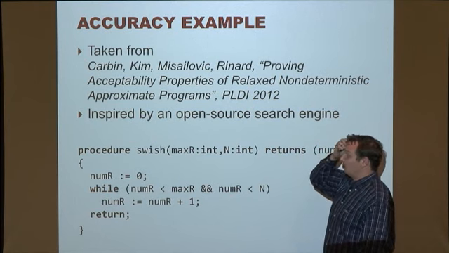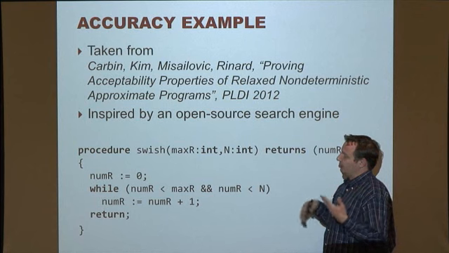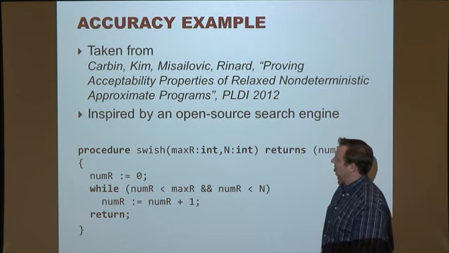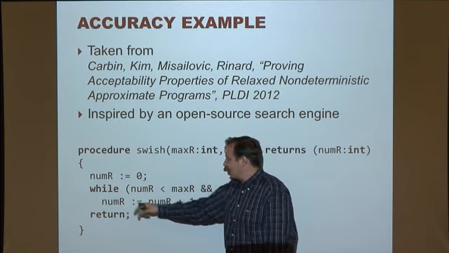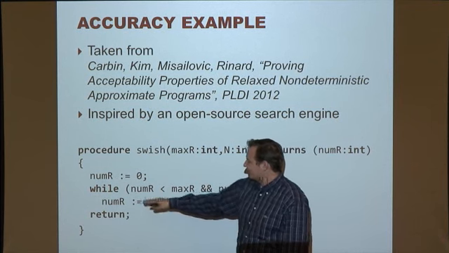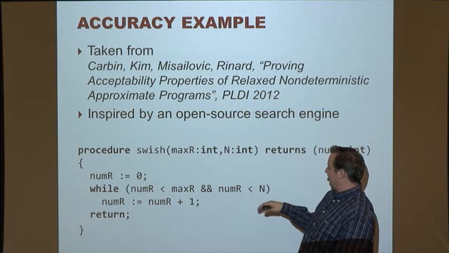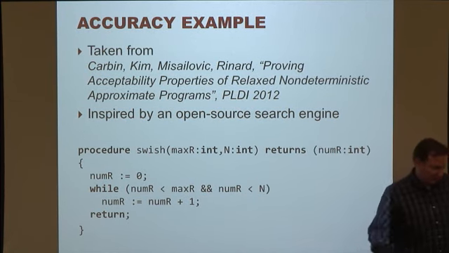This procedure is supposed to decide how many search results should be printed on the screen. It takes maxR and N, and numR is the number of search results. It has a loop bounded by maxR or N that keeps incrementing numR, and then it returns numR. It's a very, very simple and abstract version of something you could see in a search engine.